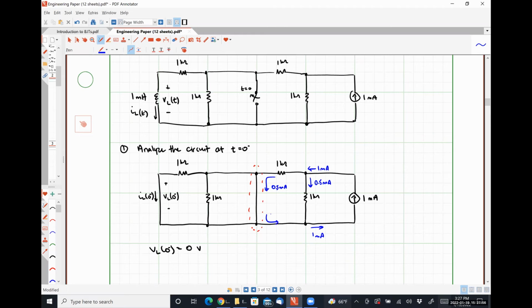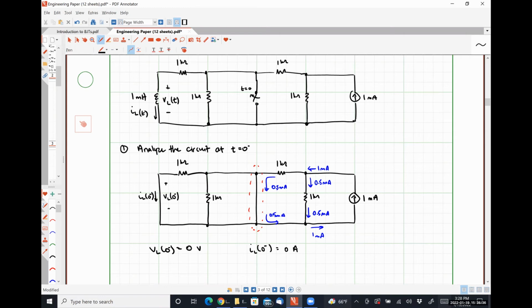So all of that half of a milliamp stays like so. Kirchhoff's current law is forcing no current to go off to the left-hand side of the circuit. And so we can easily see that IL at 0 minus is equal to 0 amps. Intuitively, I'm just saying none of the current can flow is just as good. I just wanted to mathematically show it to everybody here, okay?